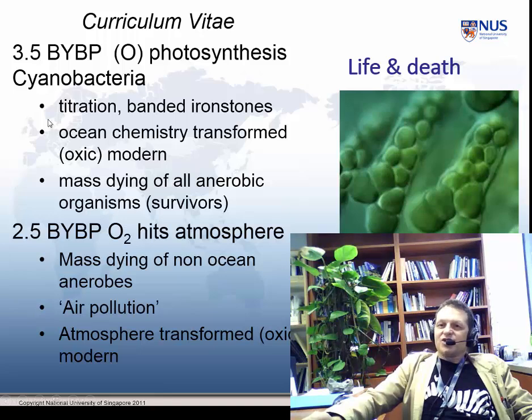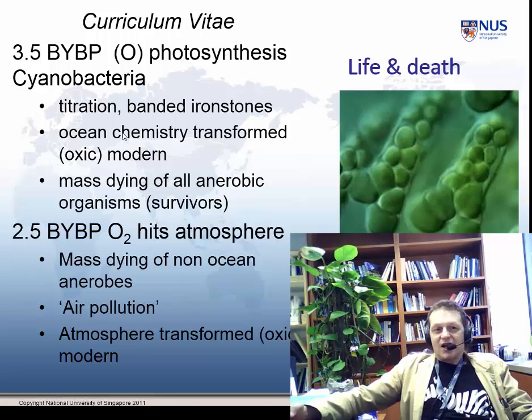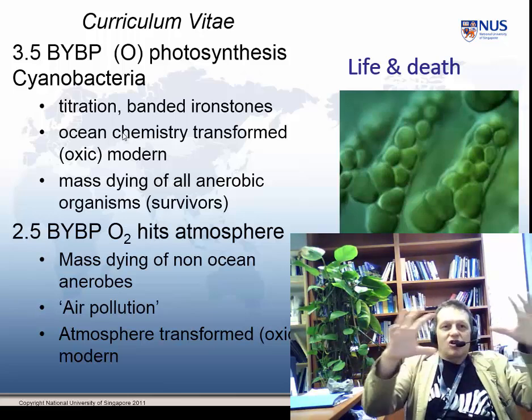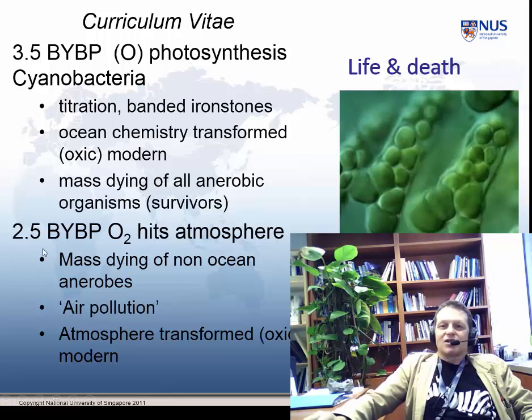Now, this is an unimaginable amount of time, but you've got these organisms, they've got plenty of food, they've got plenty of light, they're just going for it and slowly colonizing, and the amount of oxygen being produced was huge, but it was being consumed in the titration, forming our banded ironstones.